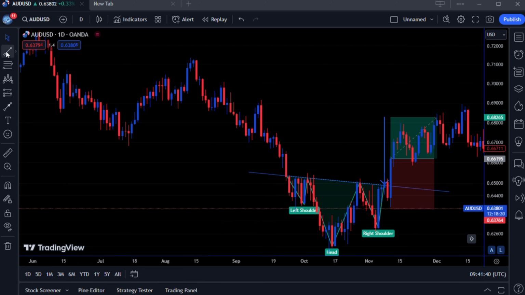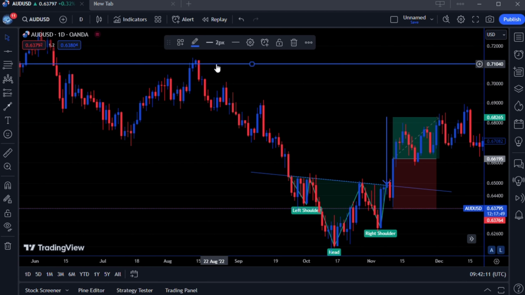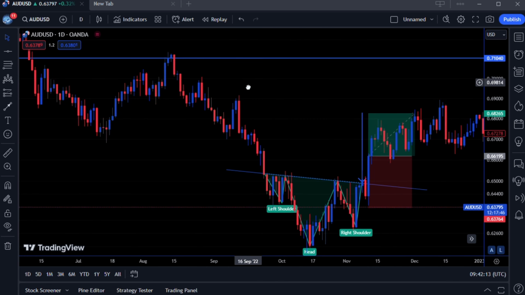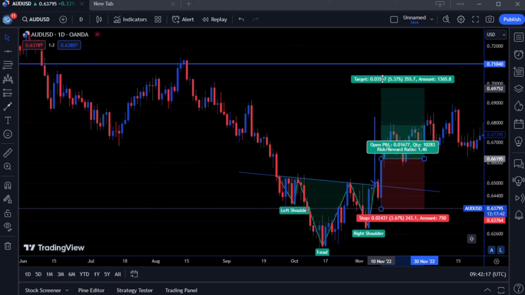Mark out your target level. This should be below the high of the pullback. This is a better risk to reward ratio compared to the previous level.